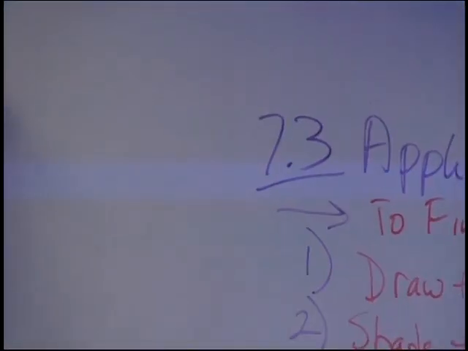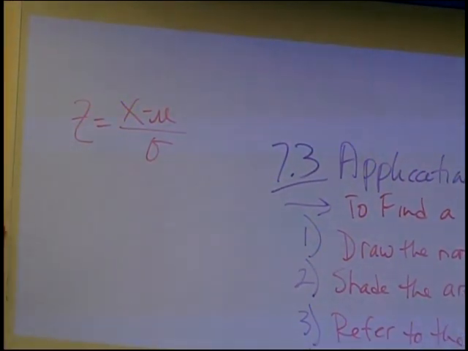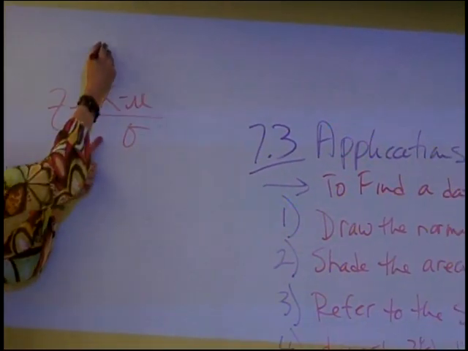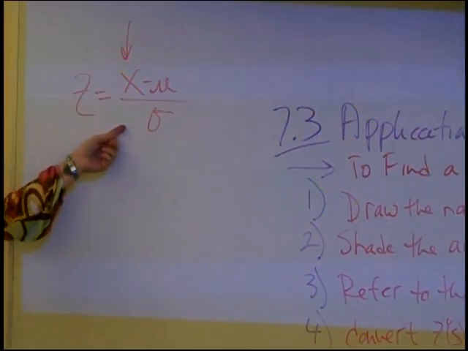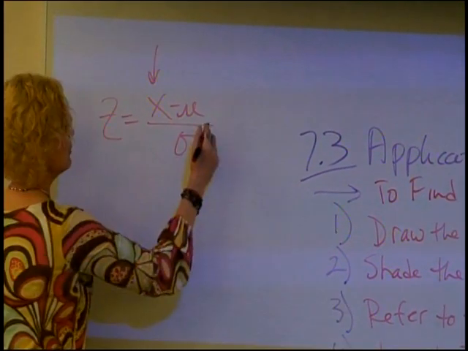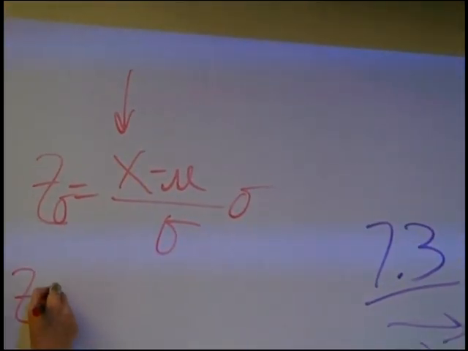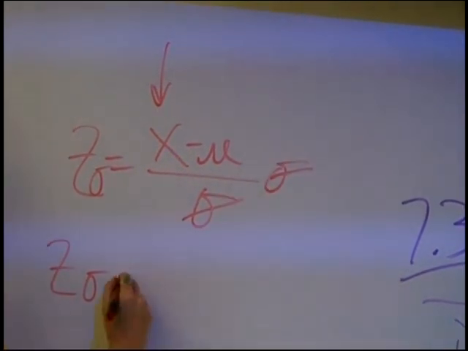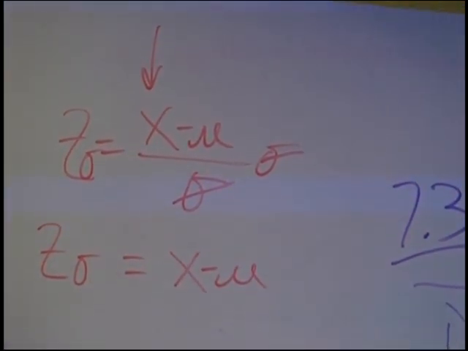you've got your z formula, and you're going to solve for x. You did this in algebra, solving for a variable. Multiply both sides by sigma to clear the denominator, so you have z sigma equals x minus mu. Add mu to both sides and you're good to go.